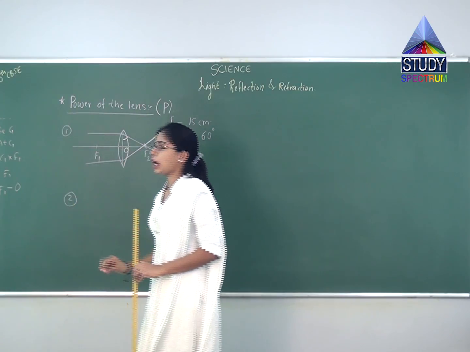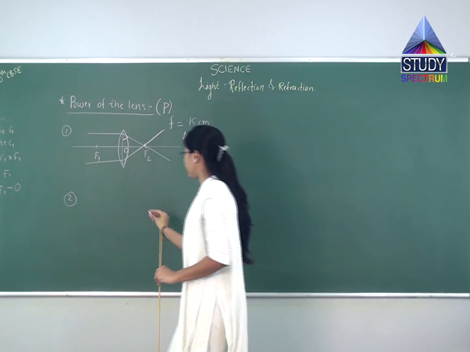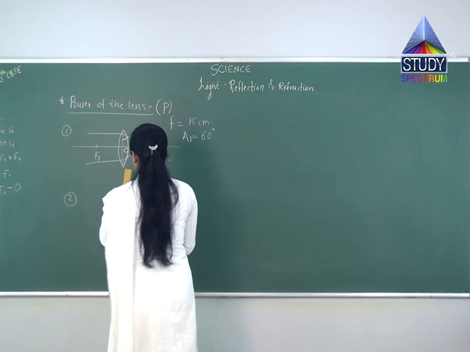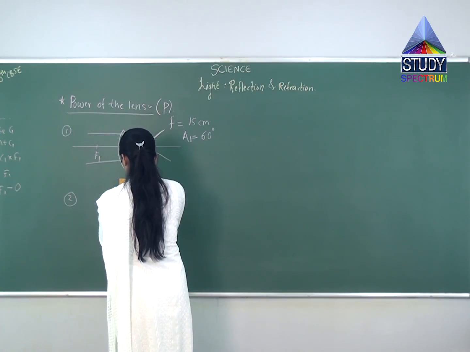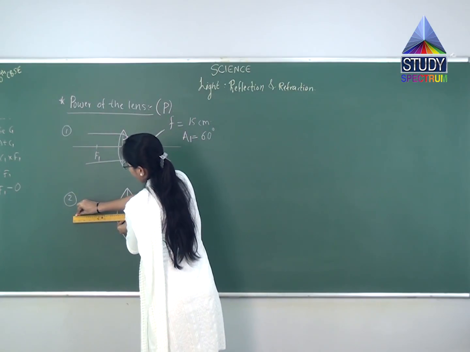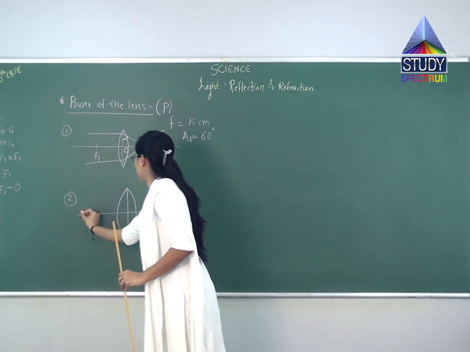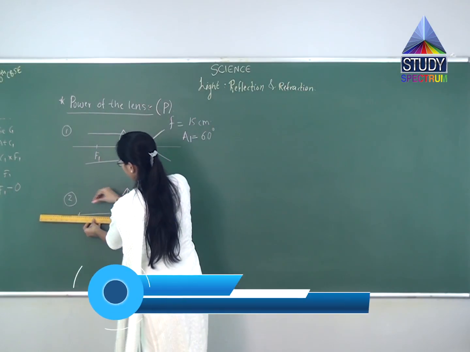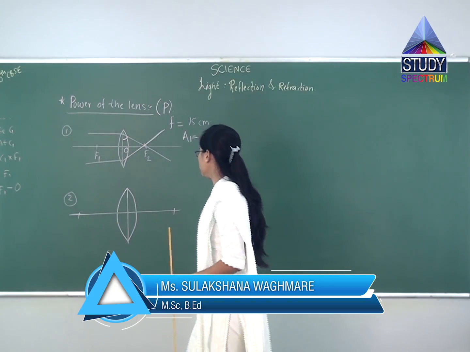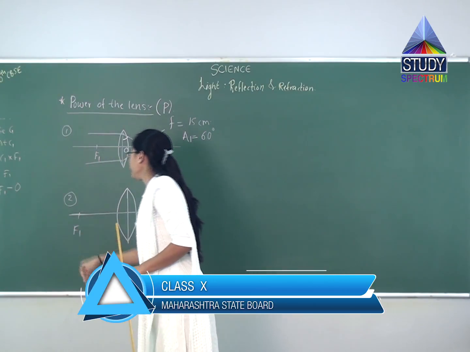Now I am taking another convex lens of a little larger focal length, like this. Here these are the foci.